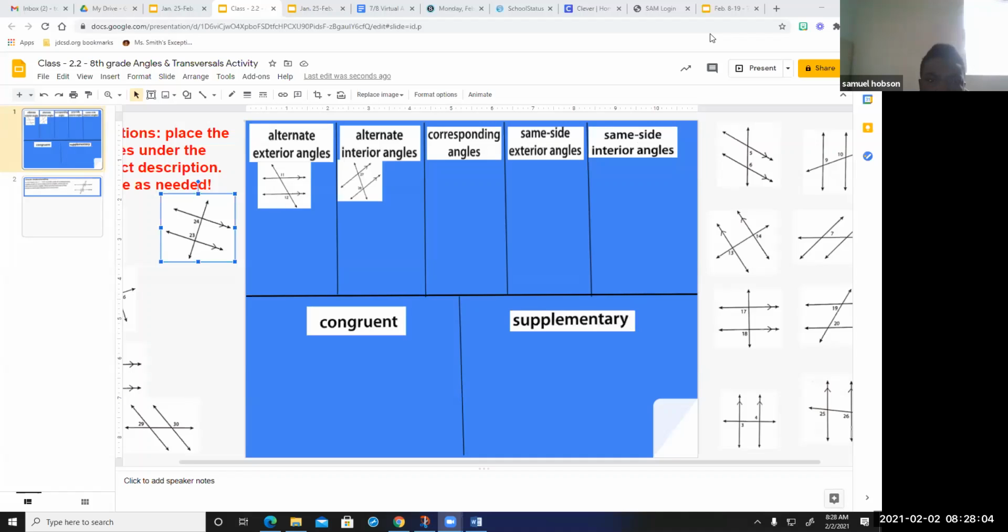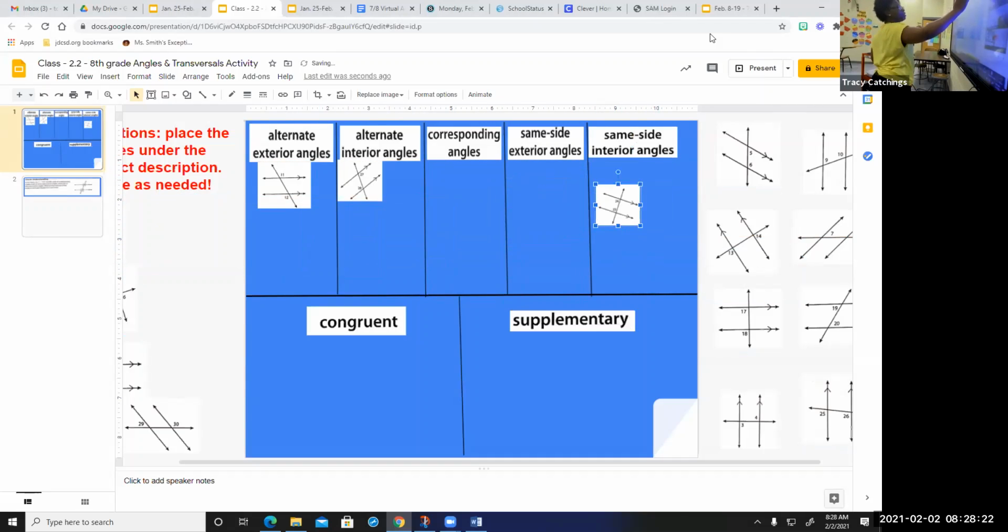All right, why did you say same side interior? Because the angles are on the same side, like they're on the same line part, and they are on the inside. That is correct. Same side interior.